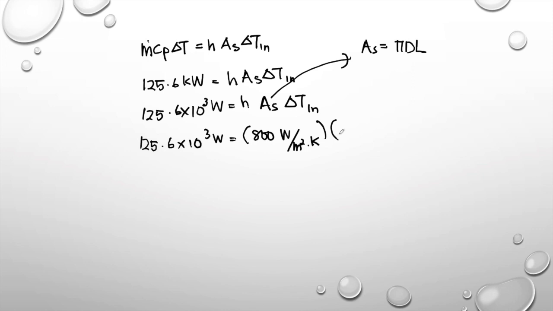I substitute the value D is 0.025 meter times L, and delta T log mean is equivalent to 32.85 degrees Celsius. So rearrange all of this equation to get L. So L is equivalent to 61 meter.